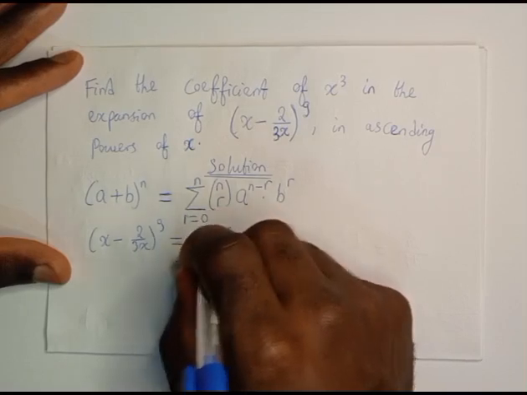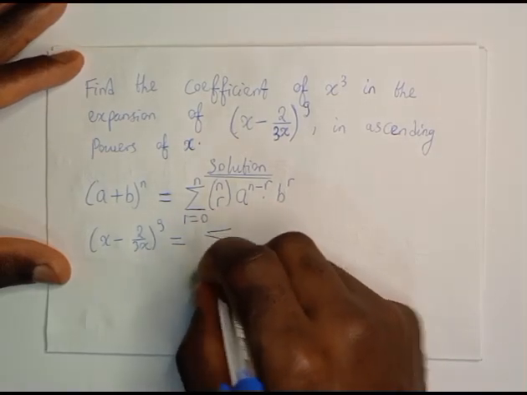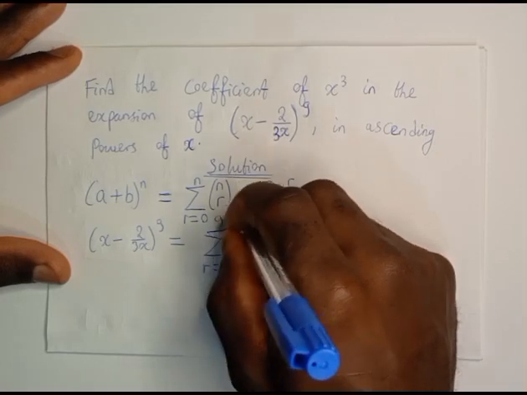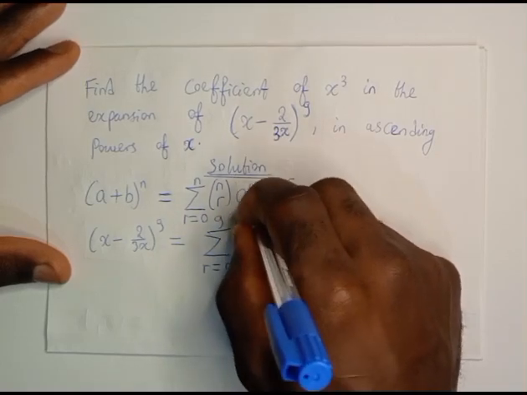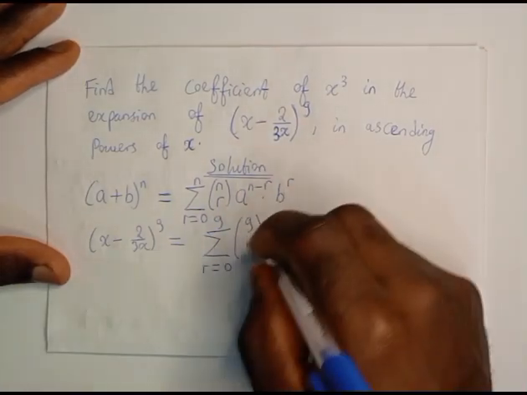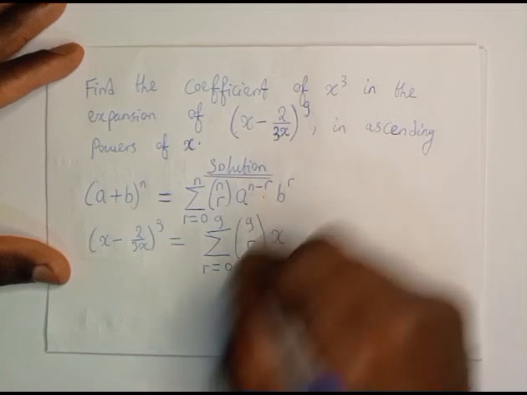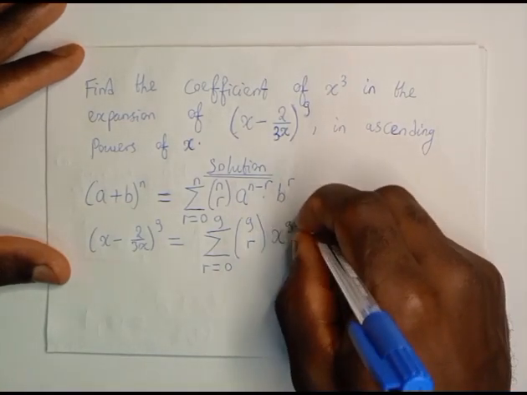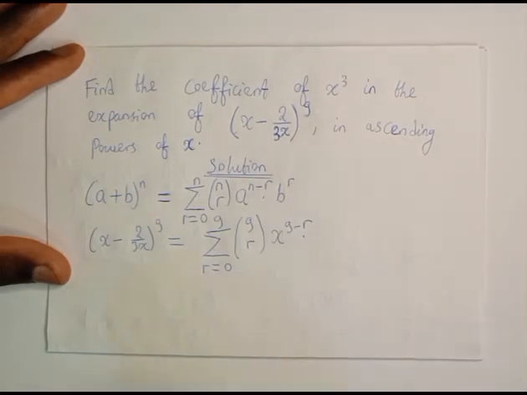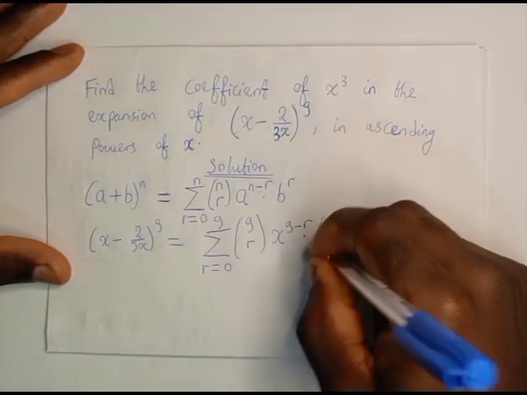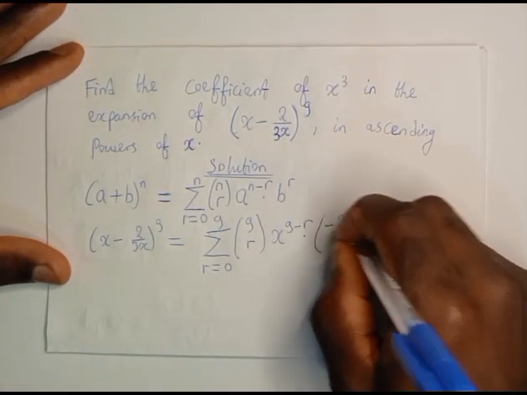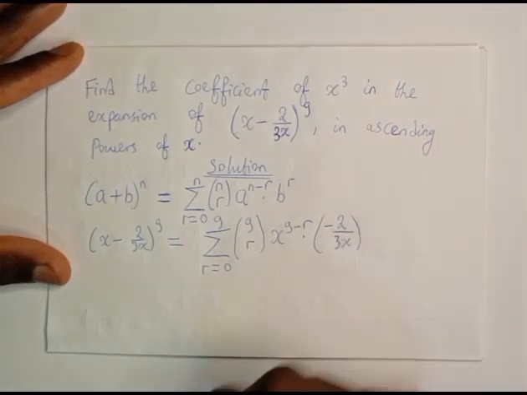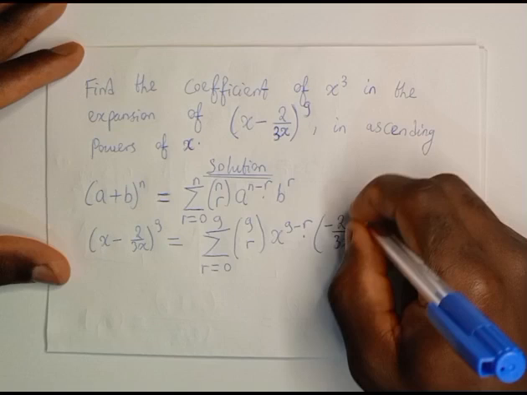This will give us summation r equal to 0 right up to 9 of 9 combination r times a, which is x raised to the power 9 minus r, times b, which is negative 2 on 3x raised to the power r.